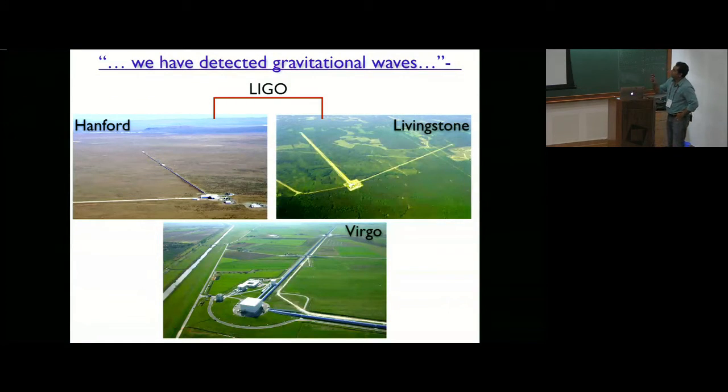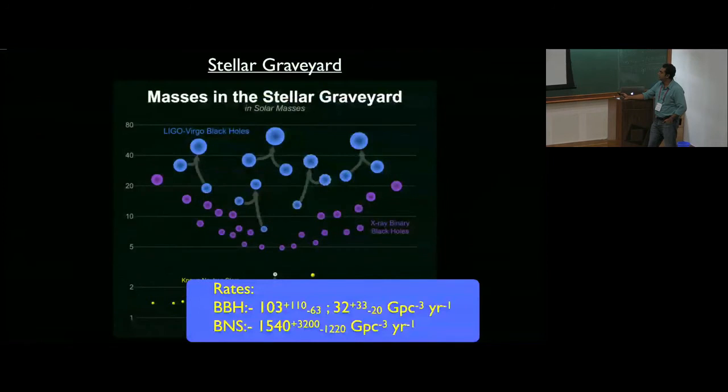So anyway, there are 3 operational detectors now, and we have detected gravitational waves from several sources. 6 detections for binary black holes, 1 detection for binary neutron stars.